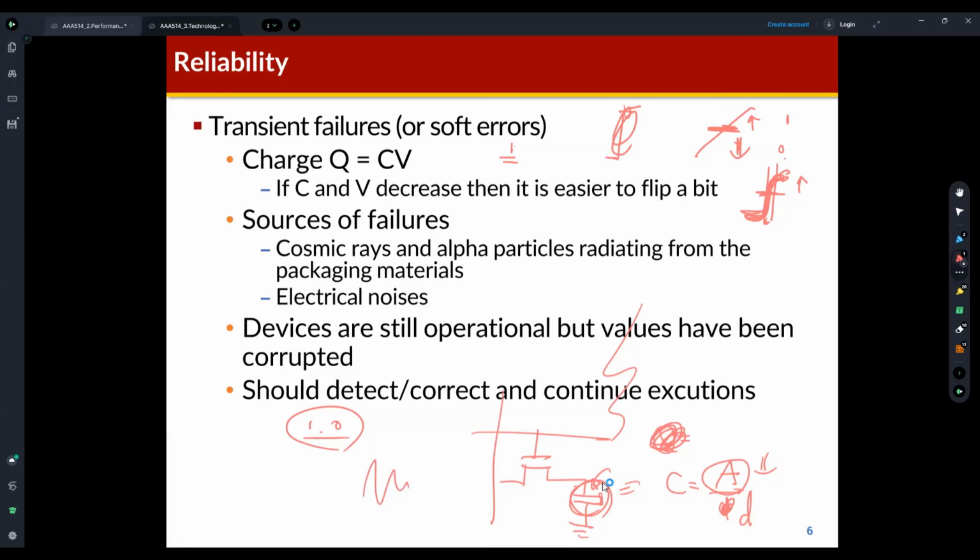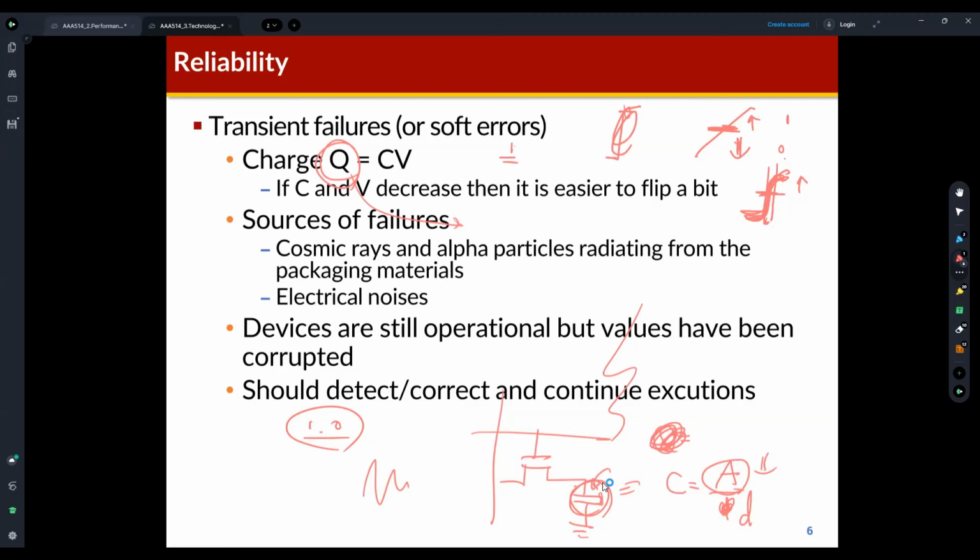So it can be changed. Because the amount of charge is very small, the voltage level can be changed by a small amount of alpha particles from space. Which means the DRAM data can be changed. So this is the reliability issue.